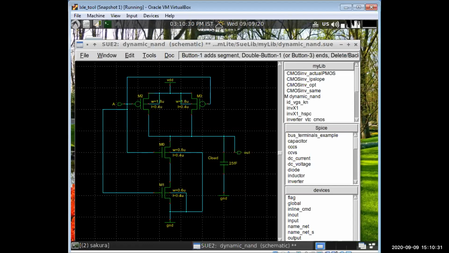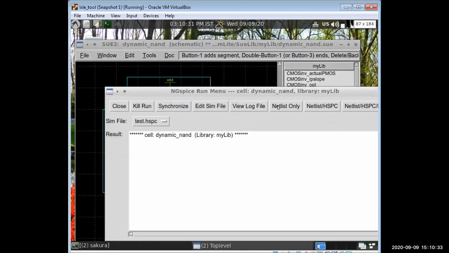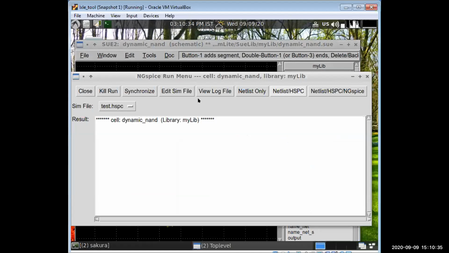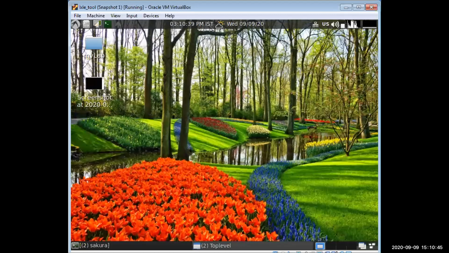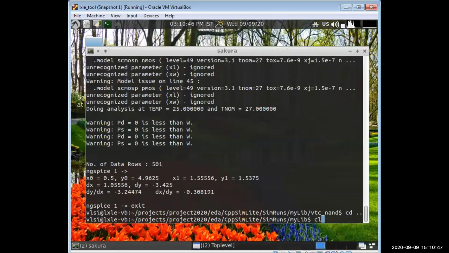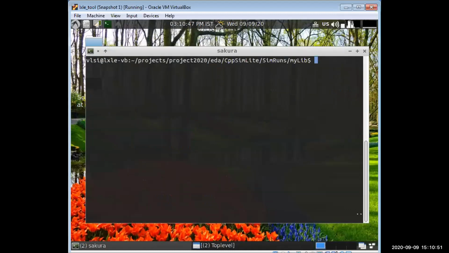Do the ngspice simulation on the netlist, then go to that output location. Let's go to that location. ls, that was dynamic NAND.